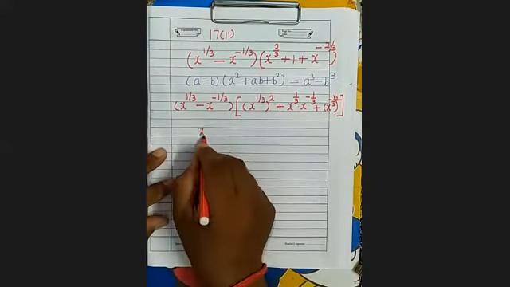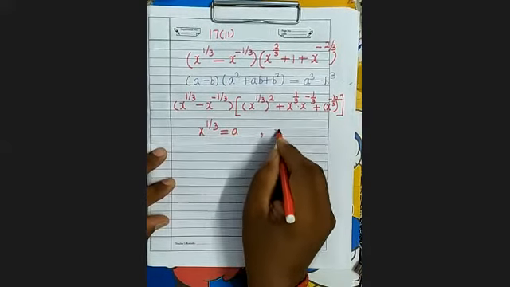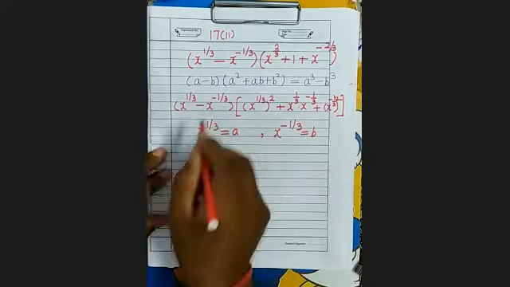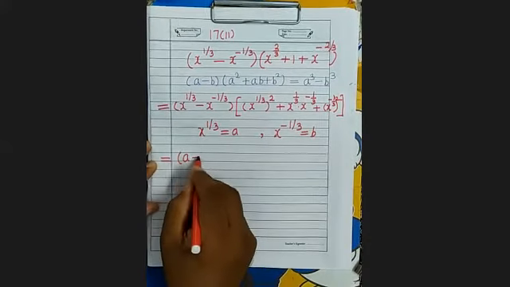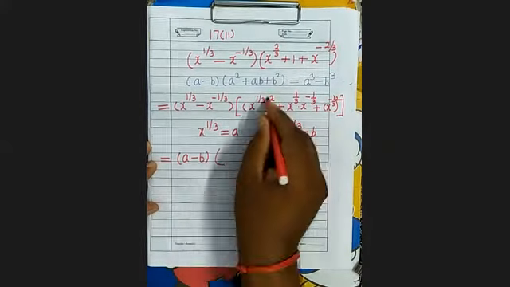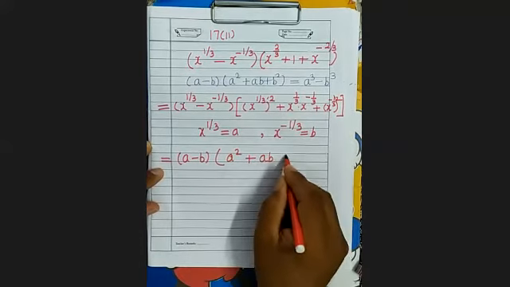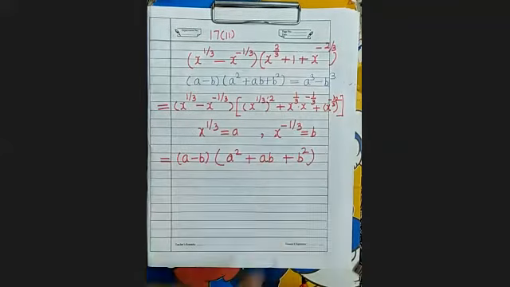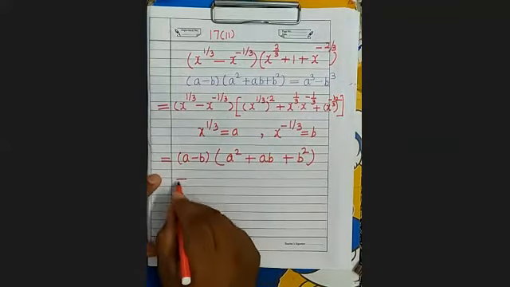Now, if you take x to the power 1 by 3 equals a, and x to the power minus 1 by 3 equals b, what will you get from the first bracket? You will get a minus b. From the other bracket, a square plus ab plus b square. But you already know that it is a cube minus b cube.